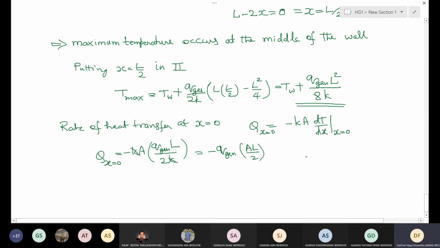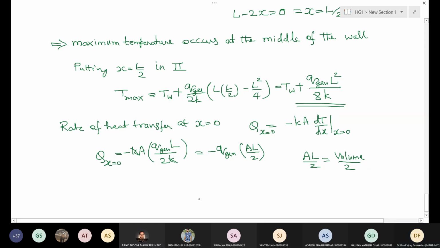Now tell me what is AL by 2? AL by 2 is the volume of the wall divided by 2. Area of the wall into thickness is nothing but its volume.